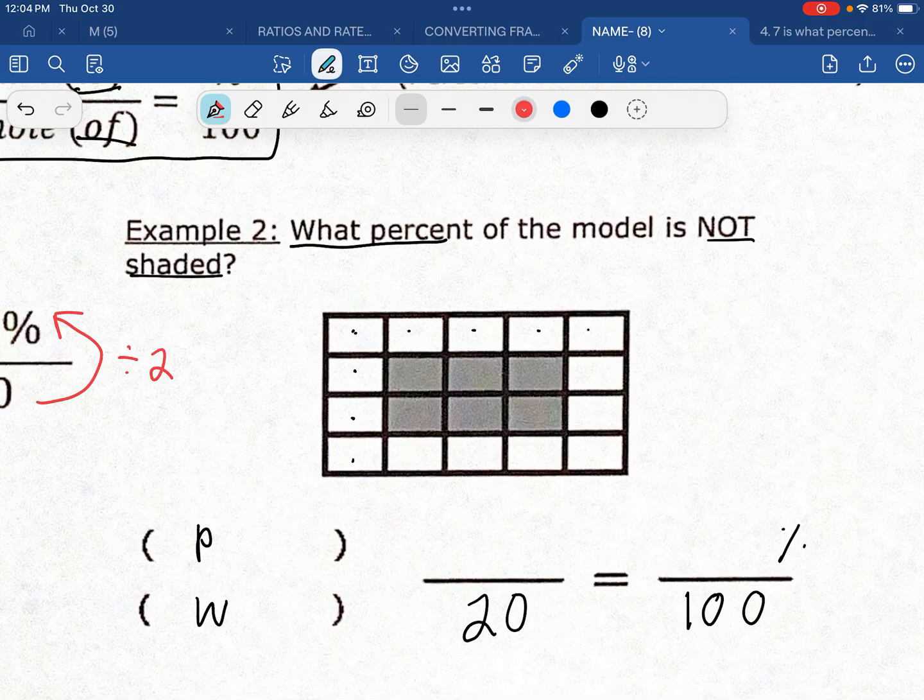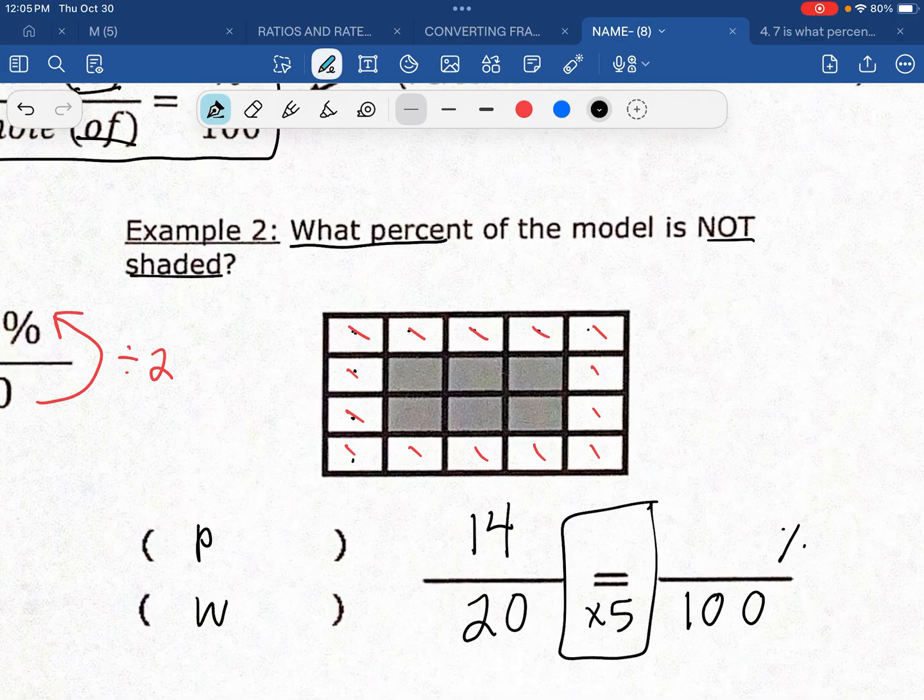I want to know how many are not shaded. So I'm going to have to count the not shaded ones. 1, 2, 3, 4, 5, 6, 7, 8, 9, 10, 11, 12, 13, 14. So there's 14 not shaded. Okay, on this one, 20 times 5 gives me 100.